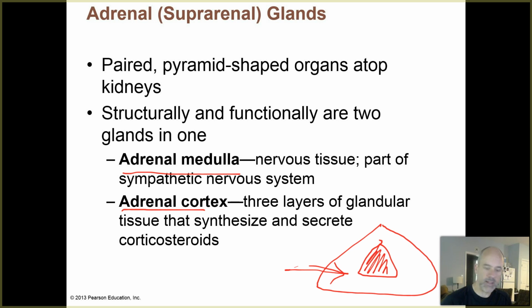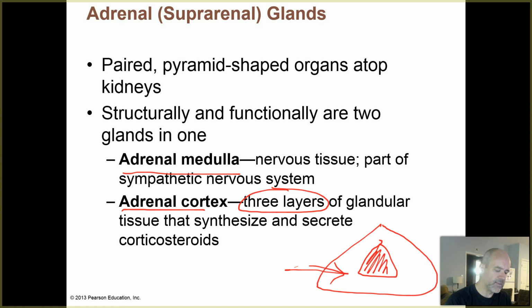And then the cortex is itself divided into three subdivisions, or sublayers, probably a better way to describe it. Those different sublayers look different under a microscope, and the cells in these different sublayers of the cortex produce different kinds of hormones.